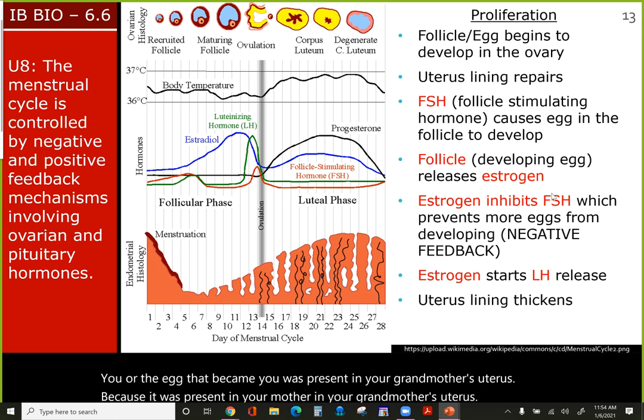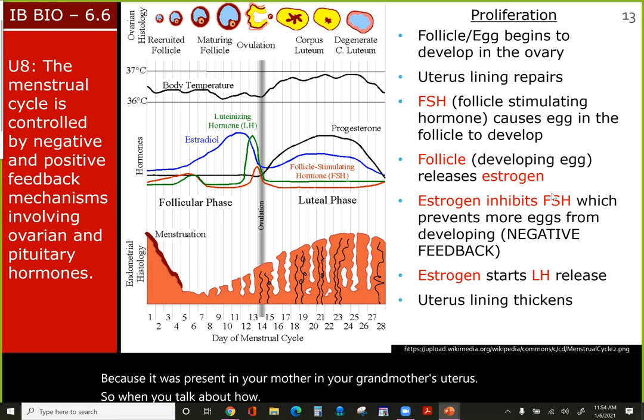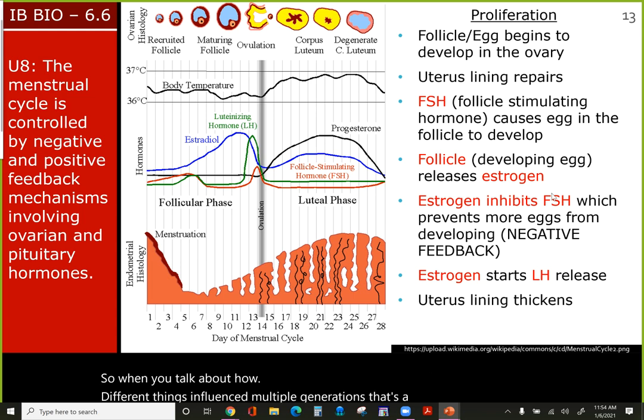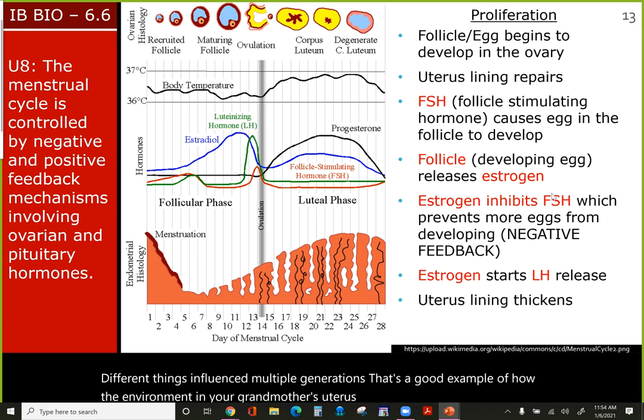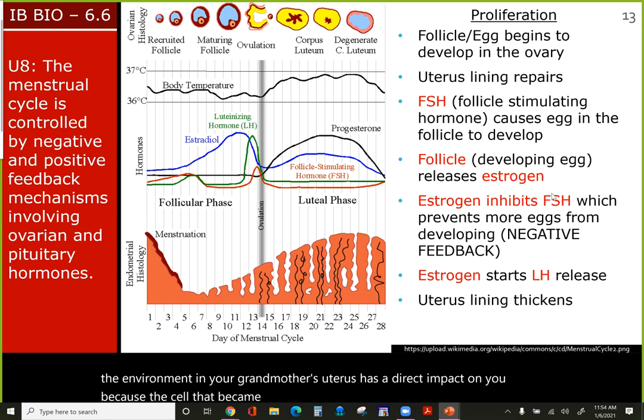So when you talk about how different things influence multiple generations, that's a good example of how the environment in your grandmother's uterus has a direct impact on you, because the cell that became you was present in that uterus.